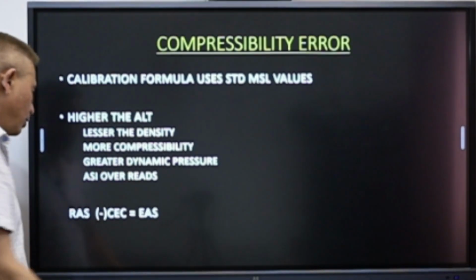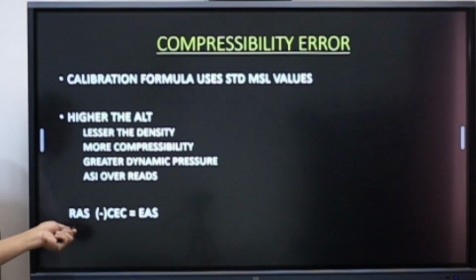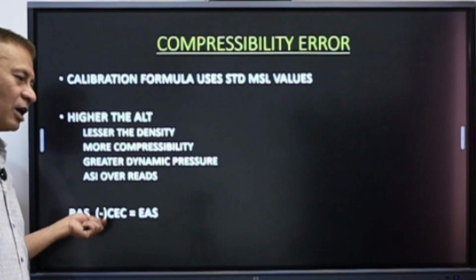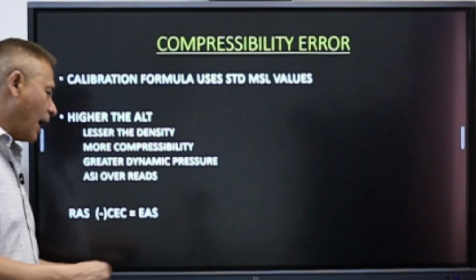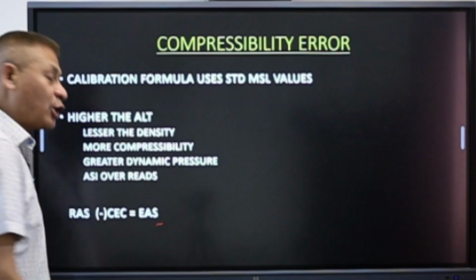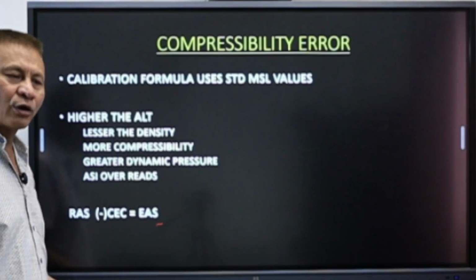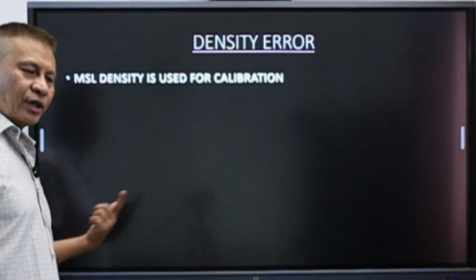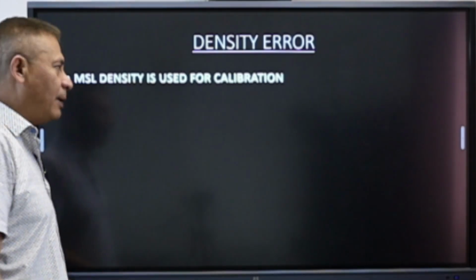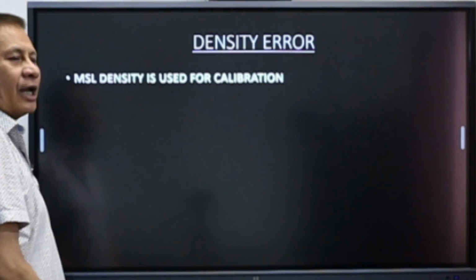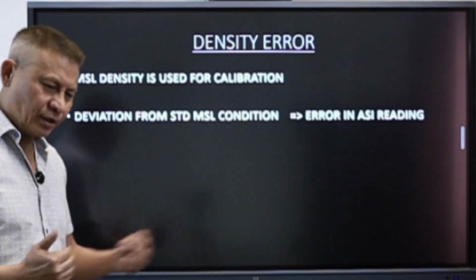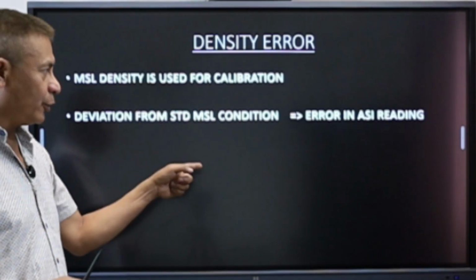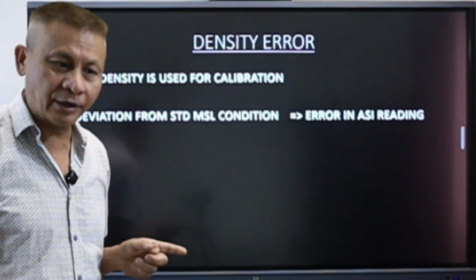Now this rectified airspeed, when applied with the compressibility error correction, is what we call the equivalent airspeed, or in short EAS. Density error: once again, all the calibration was done at mean sea level, considering the density at mean sea level. Any deviation from the standard condition which was assumed will give rise to an error in the ASI.